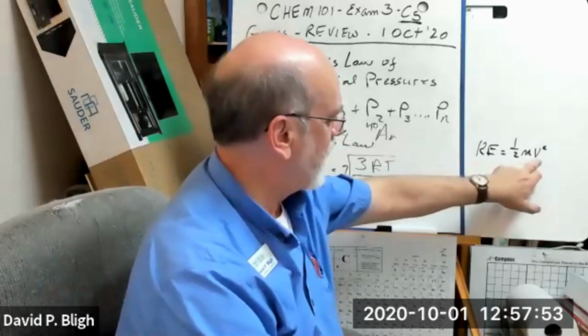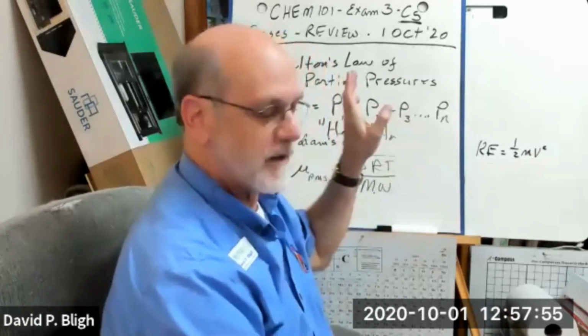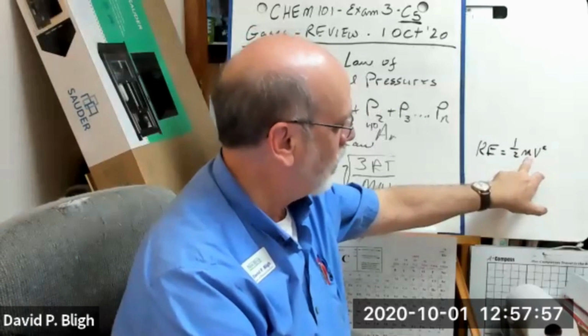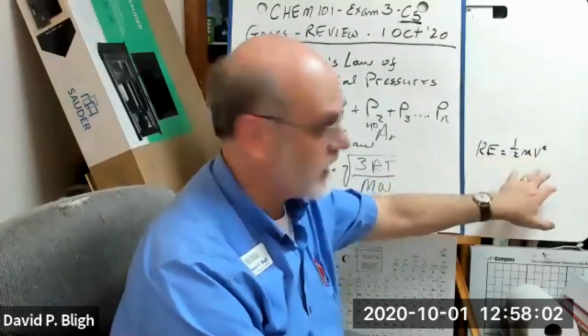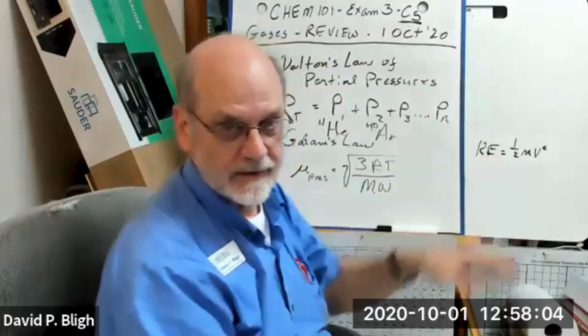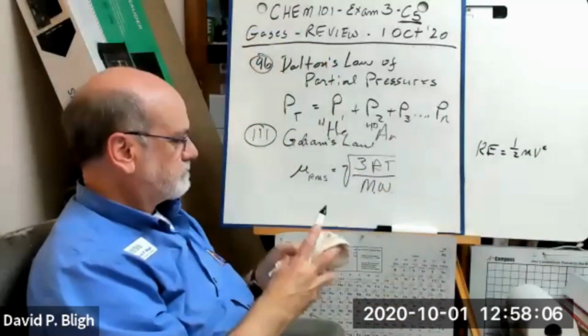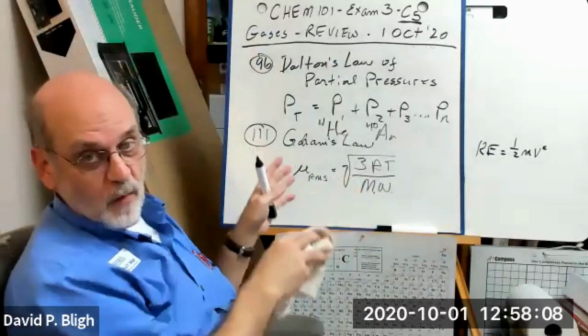So if the mass of one is greater than the other, then the velocity has to go down. If one goes up, the other has to go down in order to have the same kinetic energy. So that's why Graham's law works.